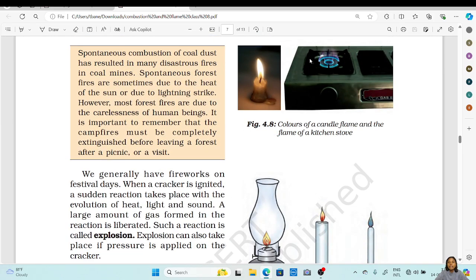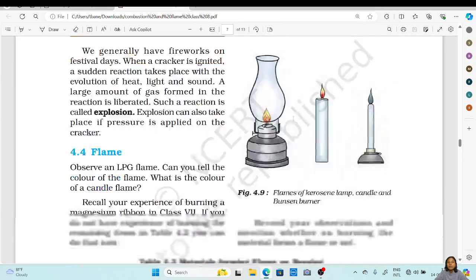Now see here, they have shown an LPG gas flame and this is the candle flame. We can see the difference here: the LPG gas flame is very much blue in color, whereas this one is more on the warmer side, with yellow and orange.